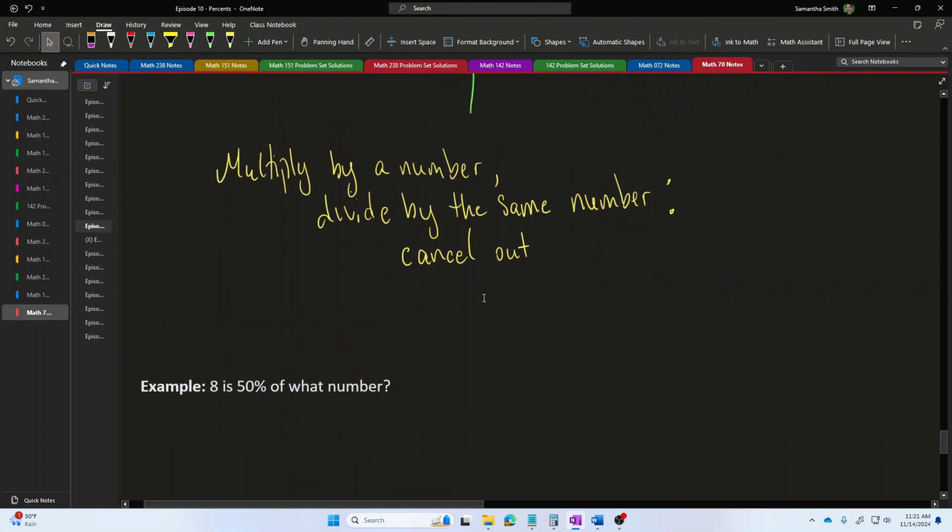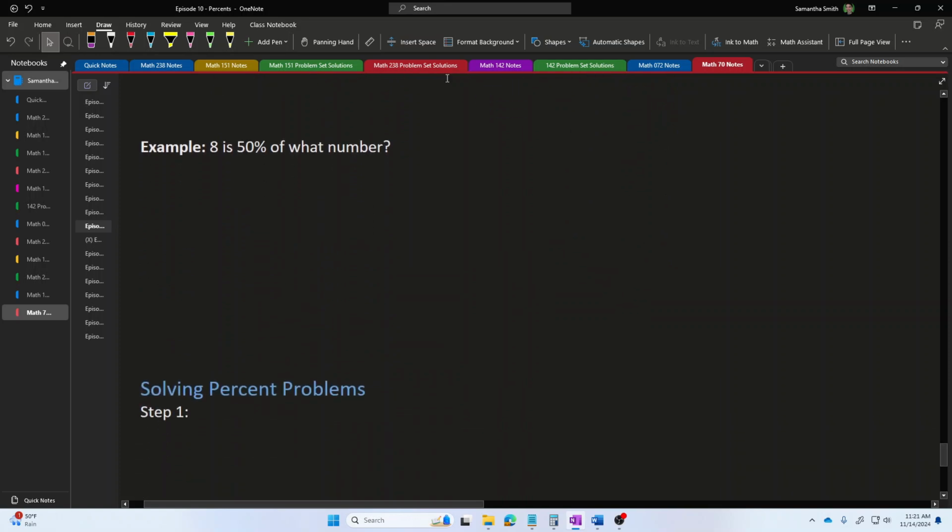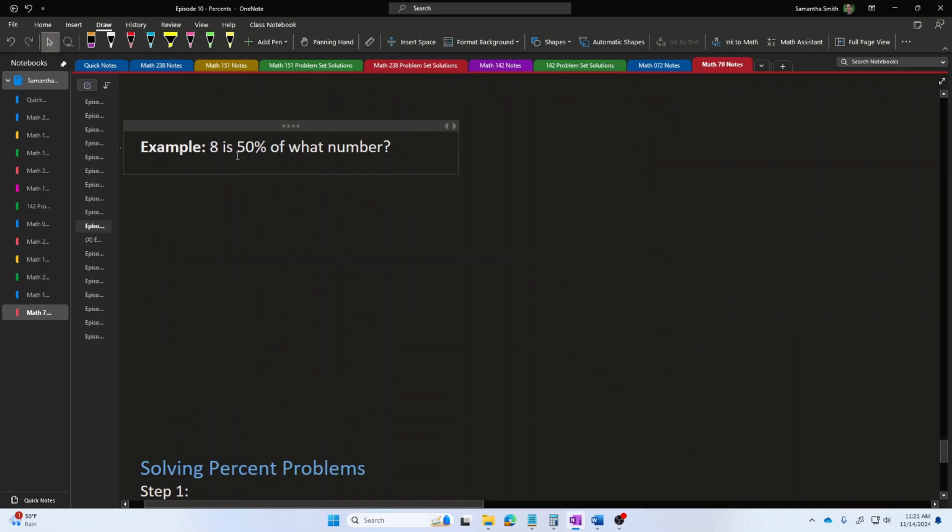So with that in mind, let me show you how I might approach solving a problem like "8 is 50% of what number?" I'm going to translate this English sentence into a mathematical statement, basically one word at a time. When we say that one thing is another thing, we're saying that those two quantities are the same, that they are equal to each other.